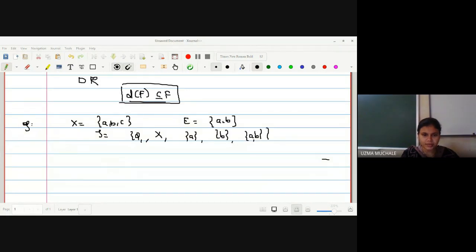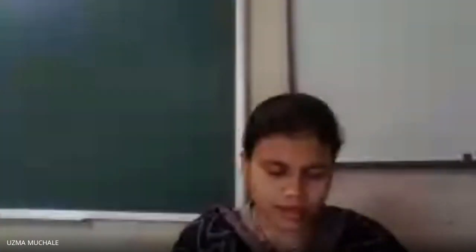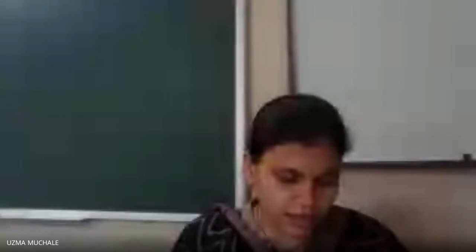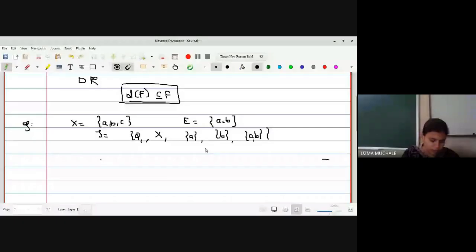What is the derived set for this set? We have solved this example already. First check it, and then we can directly say whether the derived set of E is contained in E.